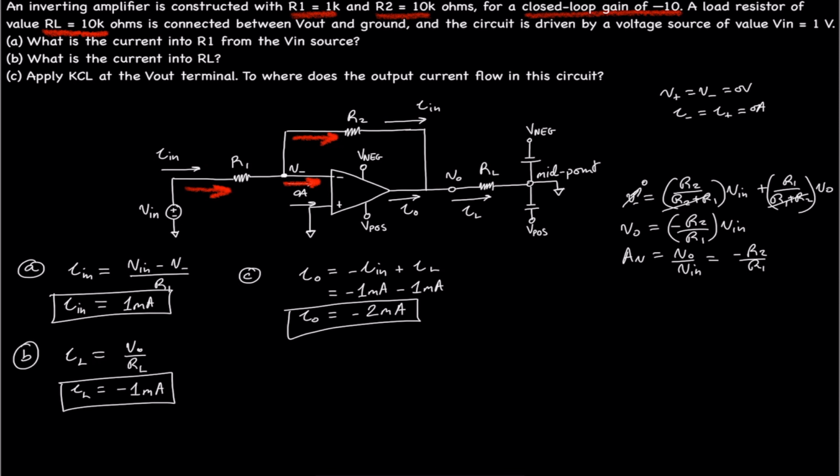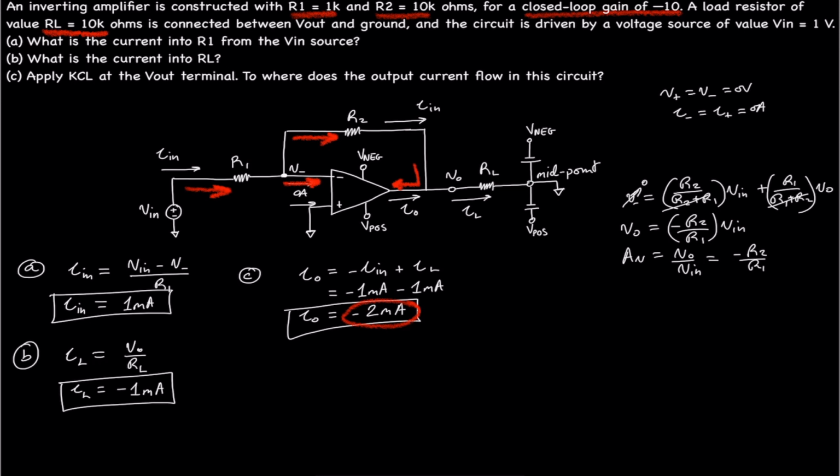So In flows into the output terminal of the op amp, and that's why I out flowing this way is negative, because it's flowing against the correct convention. To where does the output current flow in the circuit?